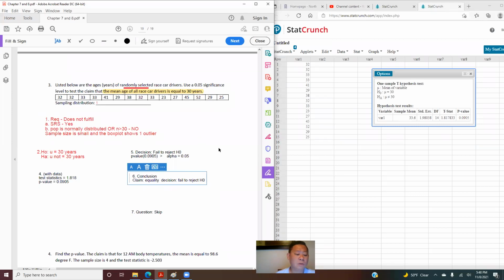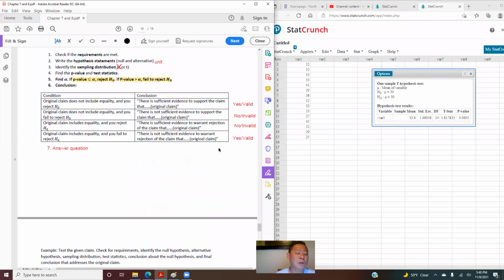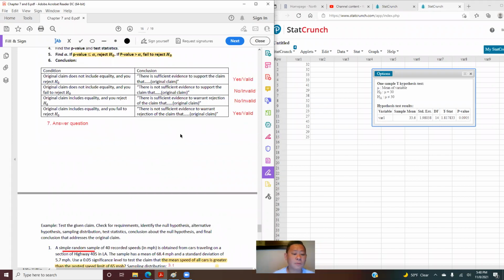So now you need to look at the 4 conclusions in the table and pick one of these. Which one do we pick for this question? Number 4. Equality, and you fail to reject, which is not. So there is not sufficient evidence to warrant rejection. So we're going to use that 4th conclusion here.